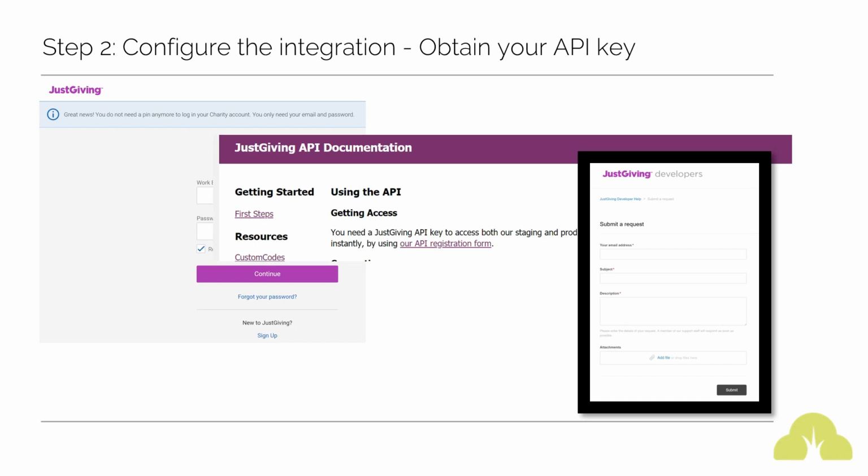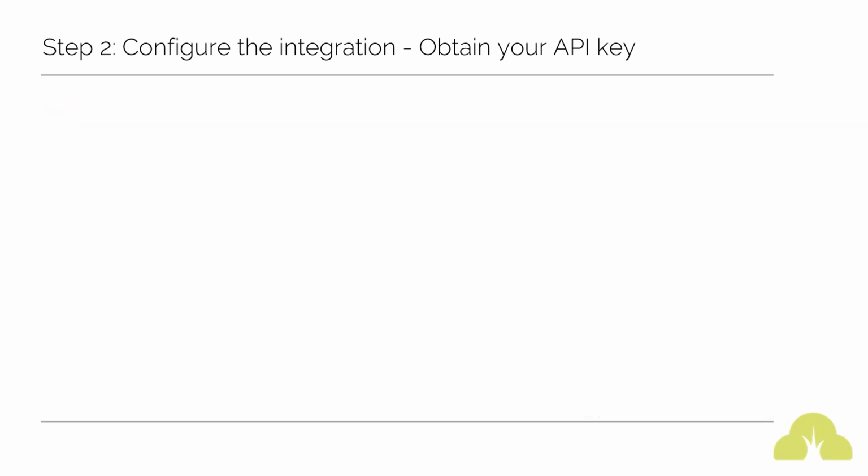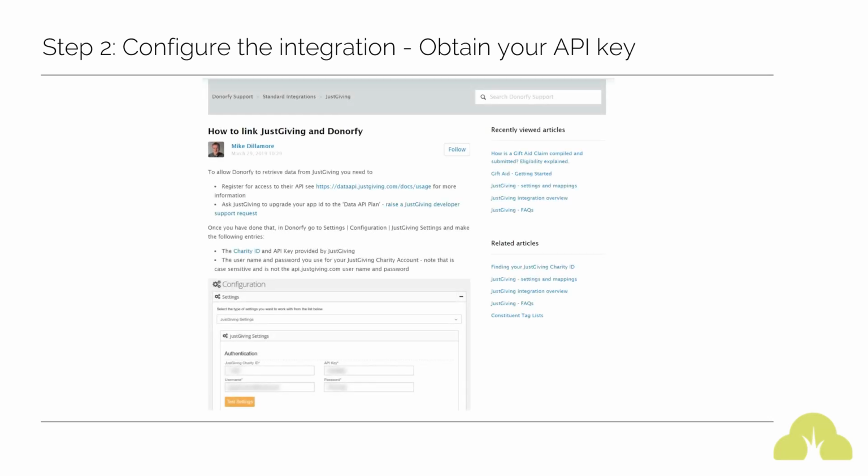You'll be glad to know there is a knowledge base article which fully covers this. It's called How to Link JustGiving and DOnorfy, which is here. And all of the links are contained there. And it also provides you with relevant areas to go into JustGiving.